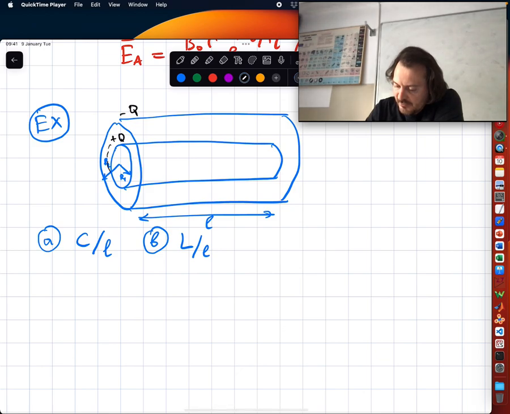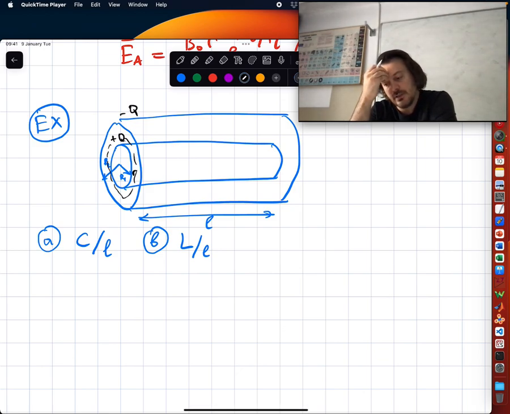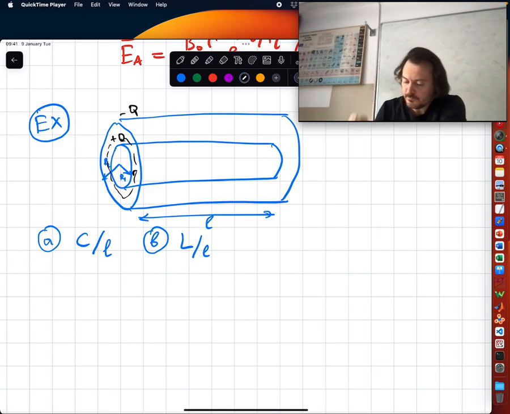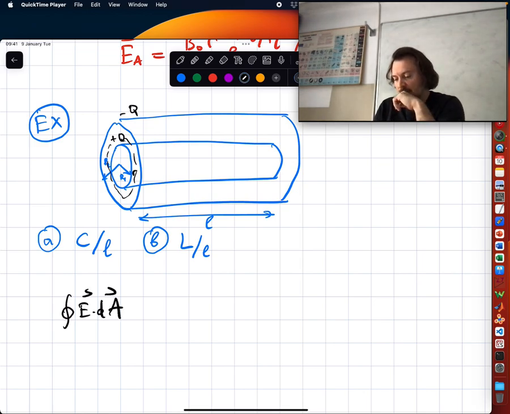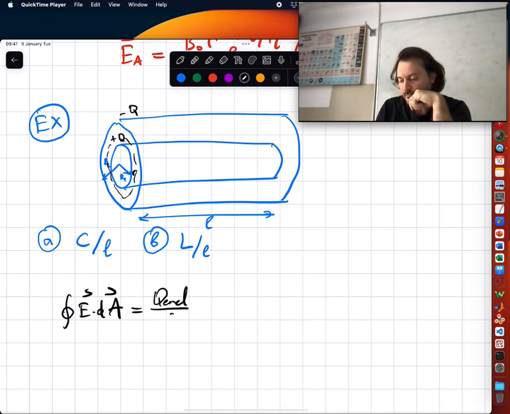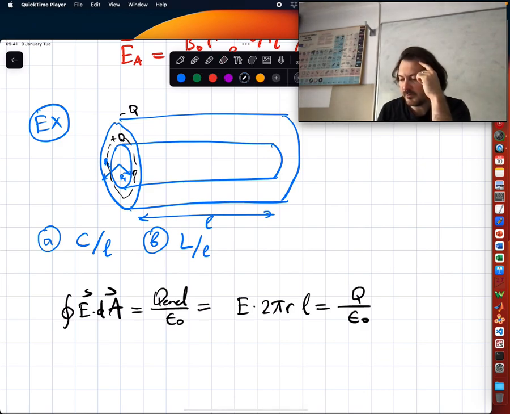At any arbitrary radius r, if you think of a Gauss's surface, then the surface integral of E dot dA needs to be Q enclosed over epsilon 0. So E times 2 pi rL is equal to Q over epsilon 0, right?